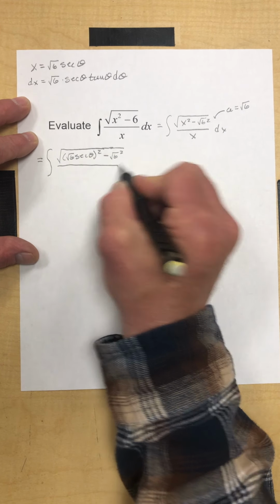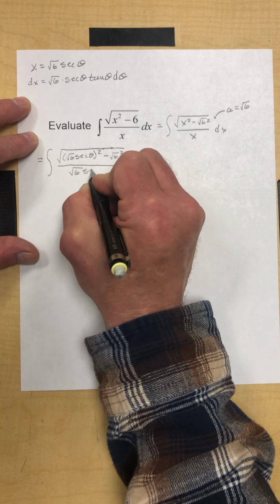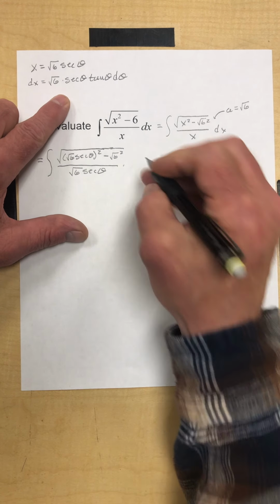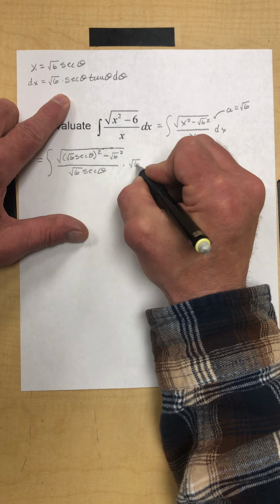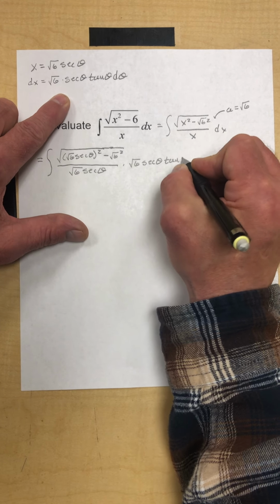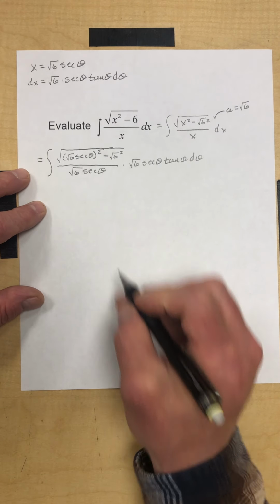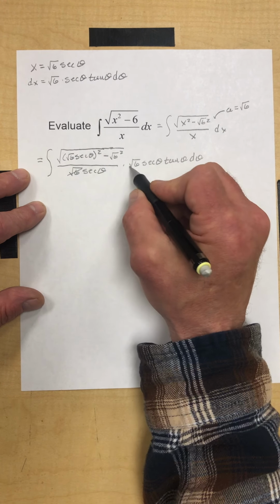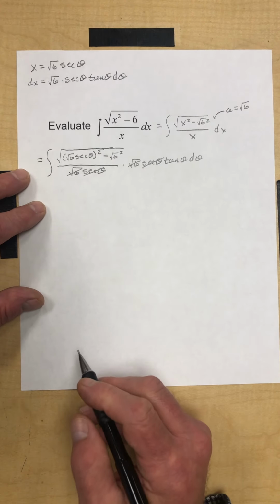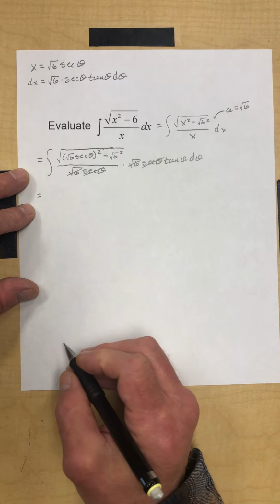Down below, x is radical 6 secant of theta, and then my dx is right here, radical 6 secant theta tangent theta d theta. So again, I get this to go away with that, and this secant of theta to go away with that secant of theta. So the denominator here just becomes 1, so we can just toss it.